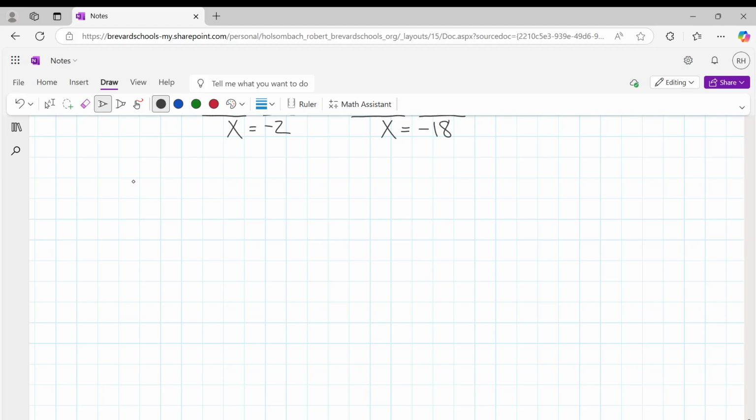Problem number 4. The square root of 3x plus 28, minus 8, is equal to x.